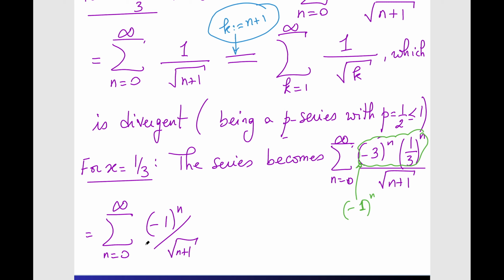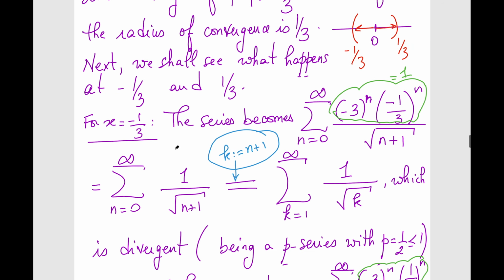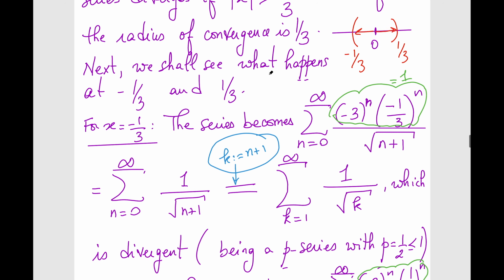Which is an alternating series, and you can check that this is going to converge by the alternating series test. Let's conclude. So 1/3 is a good point at the end of the day. It's part of the domain of this function. It allows the series to converge. That endpoint is bad. So what's the interval of convergence?